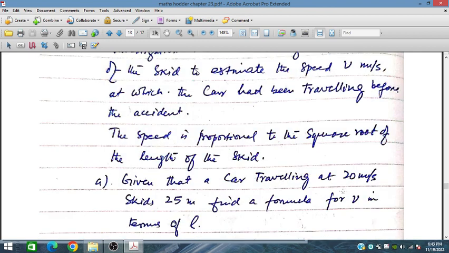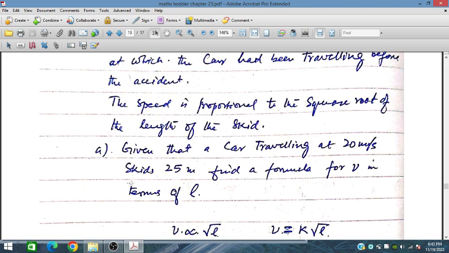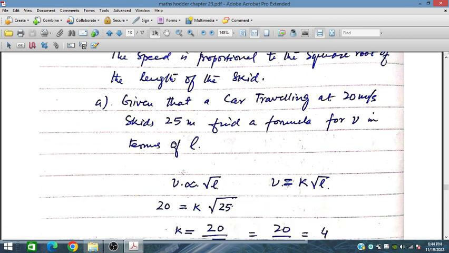Given that a car traveling at 20 meters per second skids 25 meters, find a formula for v in terms of L. So v is directly proportional to the square root of length. So v is equal to k into under root L. L is 25 meters and v is 20 meters per second.